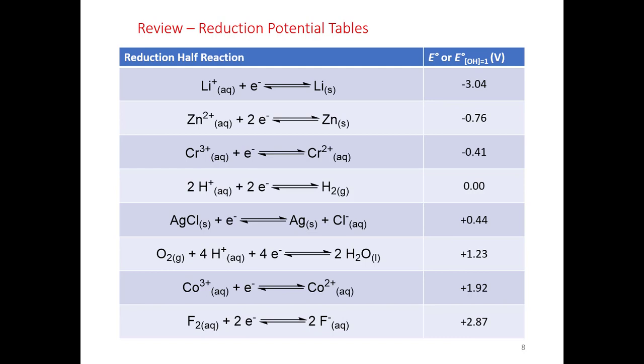Also, you may note that the reduction of protons to give hydrogen gas has a reduction potential of 0. This is the reference reduction potential for the entire scale that we use.